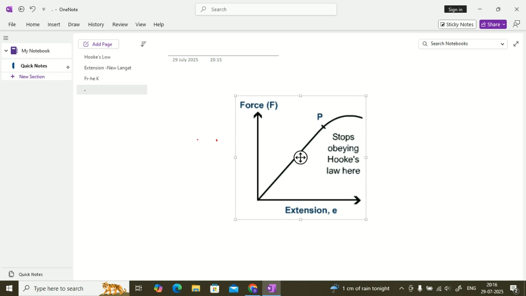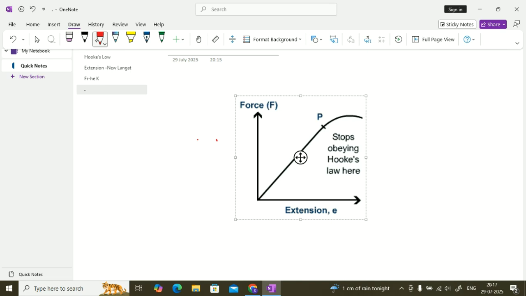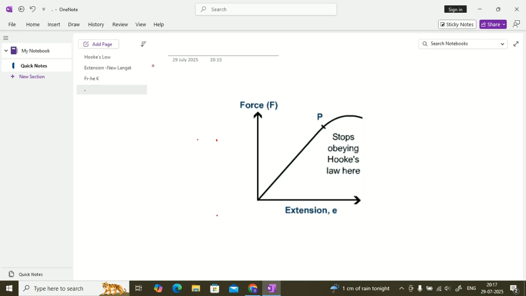We can see that the extension for equal amounts of weights is happening in proportion to each other until the point P. So for equal increases in weight, equal extension is happening.